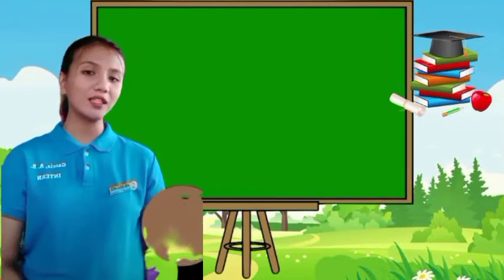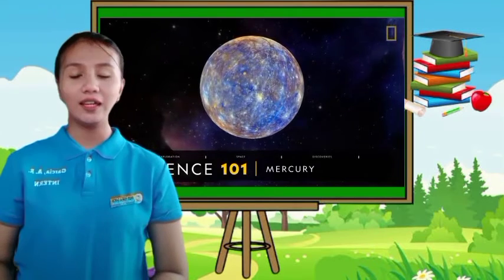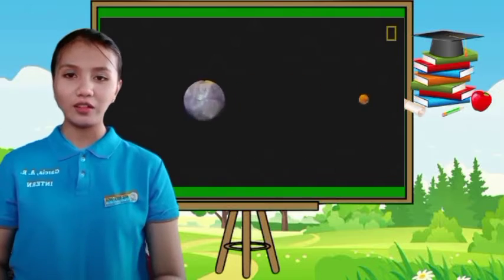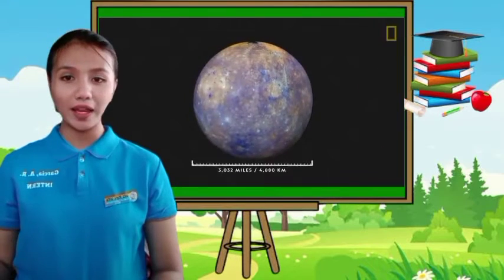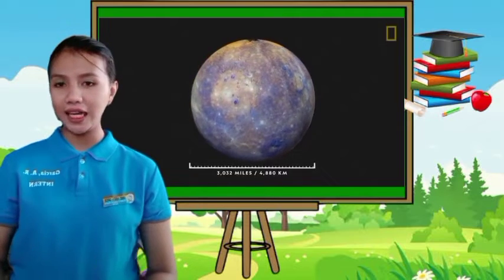Now, do you know the smallest planet in the solar system? Yes, very good. Now look at this picture. This planet is called Mercury. It is the smallest planet in the solar system and the closest to the Sun. So Mercury is a rocky planet or also known as terrestrial planet.